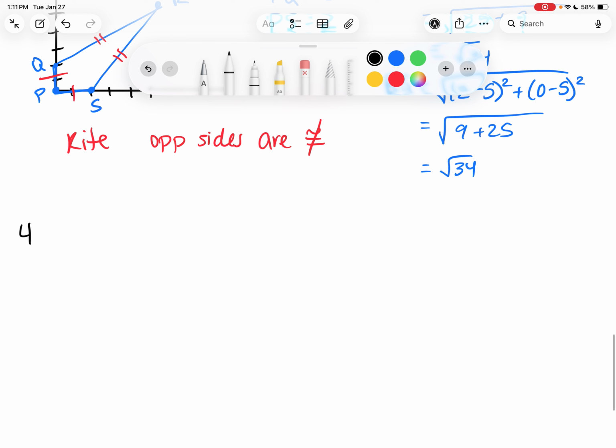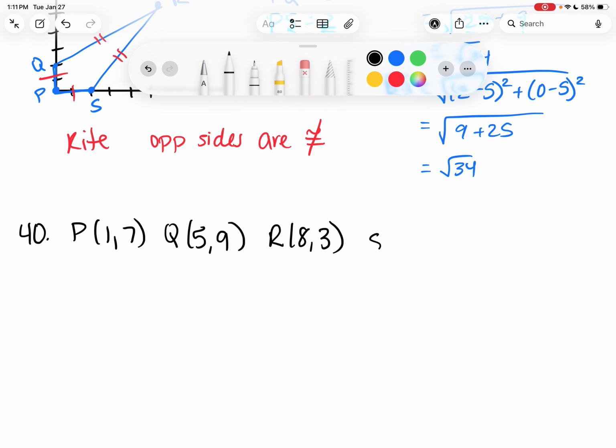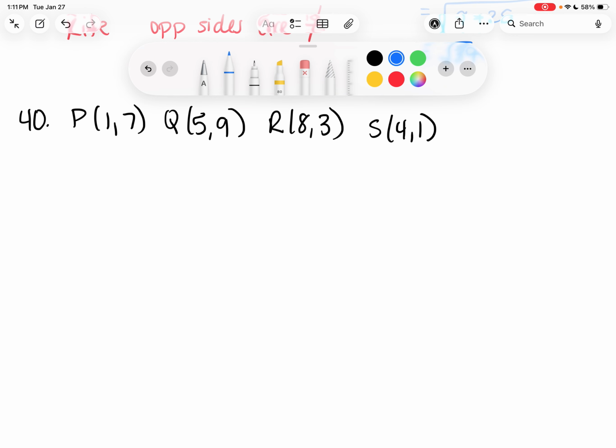These are just kind of reiterating the point. 40, we have the points (1, 7), (5, 9), (8, 3), and (4, 1).